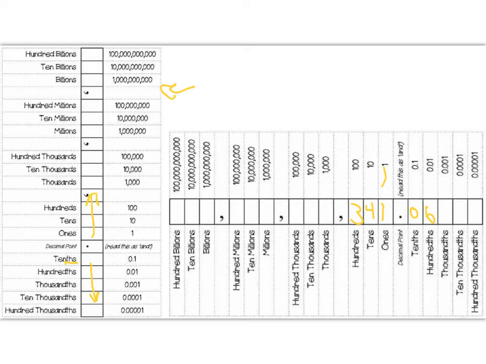The "and" means decimal point. And I know a lot of people use "and" for commas or whatever other thing, but "and" technically, mathematically means decimal point. So let's say we had 341.06. And the "and" is going to be important when we get to fractions, and I will explain why at that time.